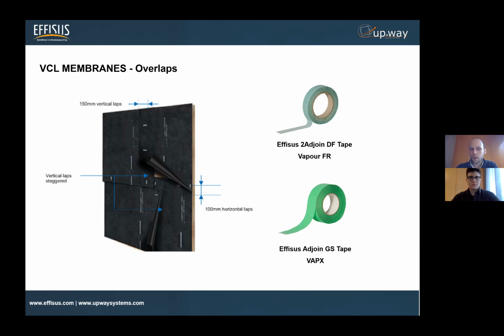On the overlaps, we'll be mentioning in our supporting documents the width of the overlapping, of course when it is vertical and horizontal, but also this way of doing the overlap between rows.